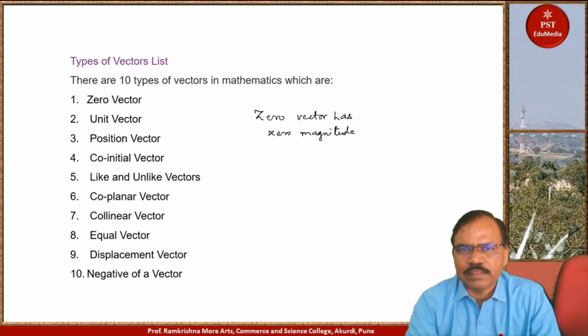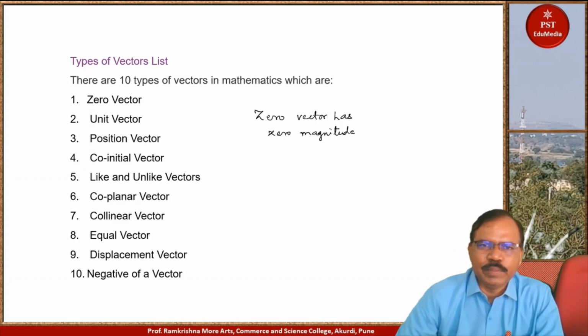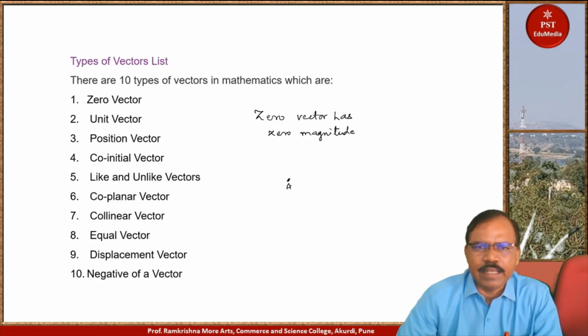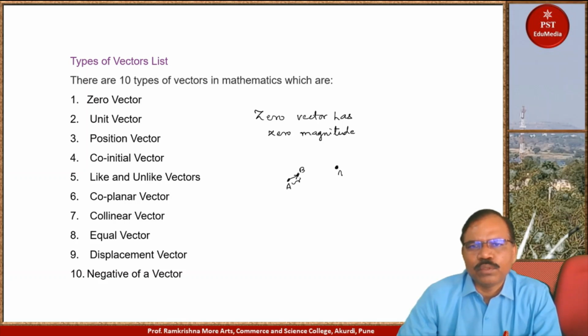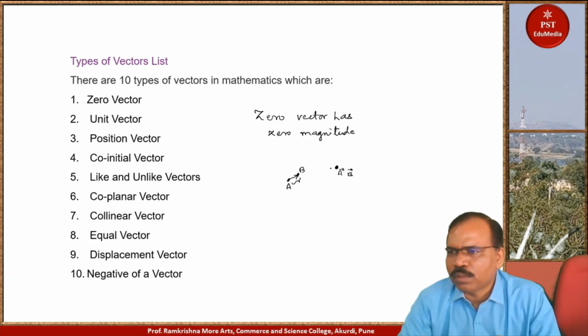Suppose we take vector AB, with point A and point B. If the length is 0, then A and B coincide with each other.